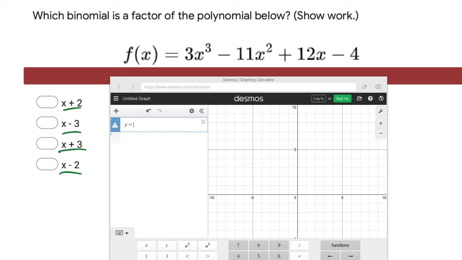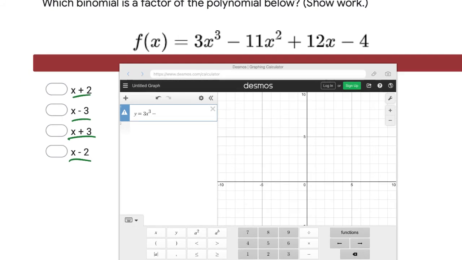So y equals 3x cubed minus 11x squared plus 12x and minus 4. And so now I've got the graph of it.